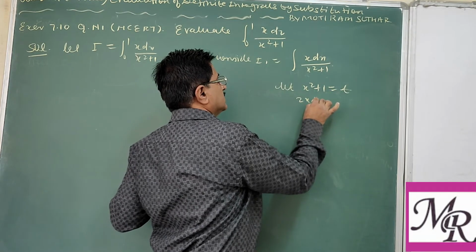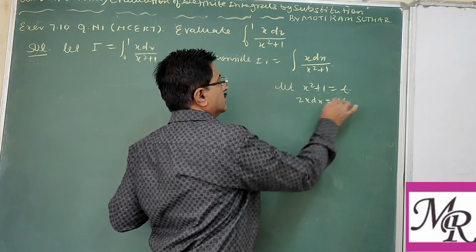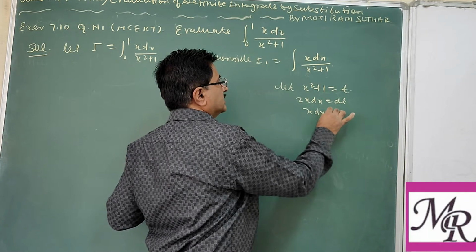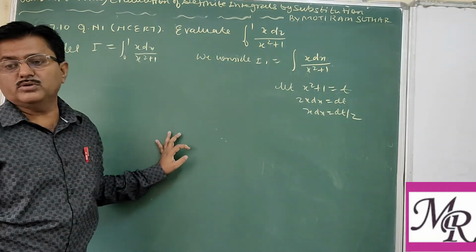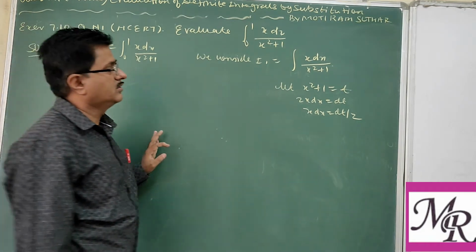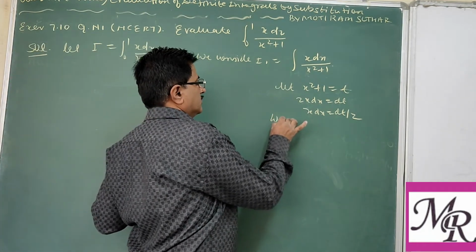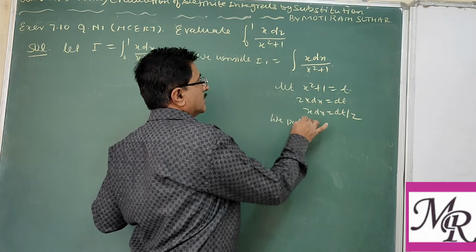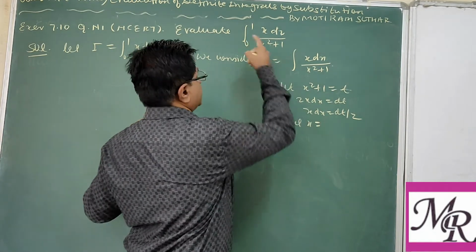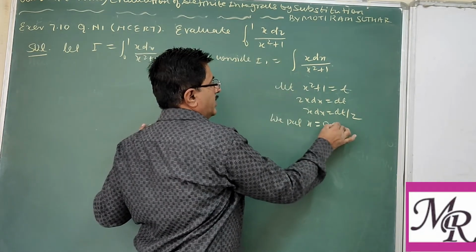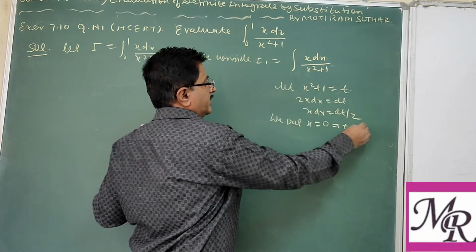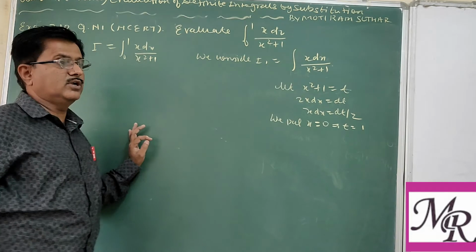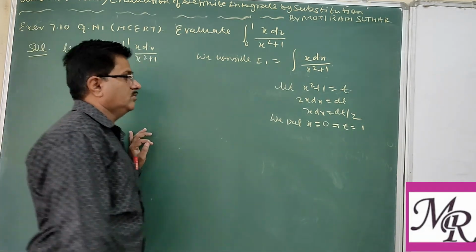So 2x dx equal to dt, which means the numerator x dx can be replaced by dt by 2. Now suppose we want to change the limit also. So we put x equal to the lower limit 0. Then t equal to 0 square plus 1, that is 1. So when x equal to 0, t equal to 1.